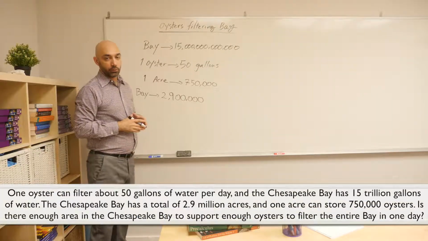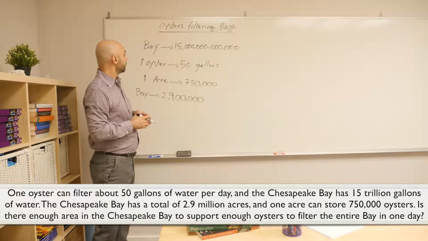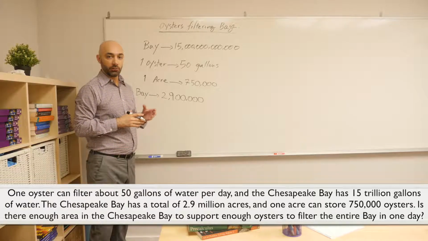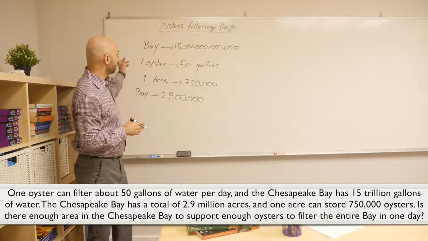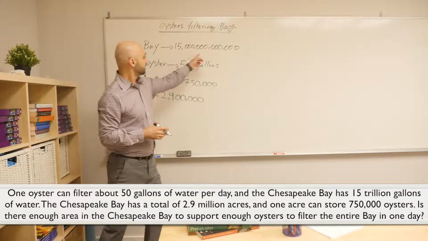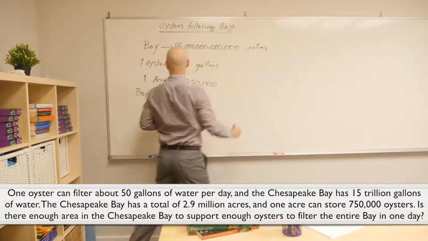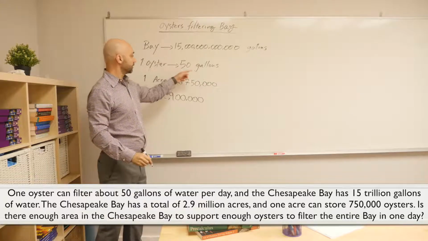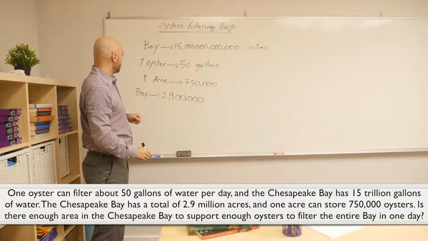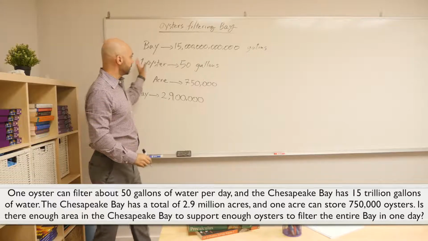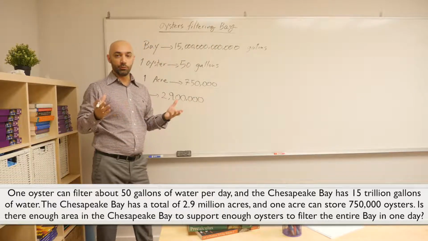We're going to find the total number of oysters needed to filter all the water in the bay. That was the first part of our problem. Now we know that the bay contains this amount of gallons of water, and each oyster filters 50 gallons. Obviously, to find the number of oysters needed to filter that amount of water, we just need to do a simple division.